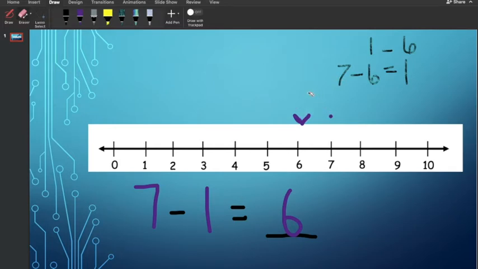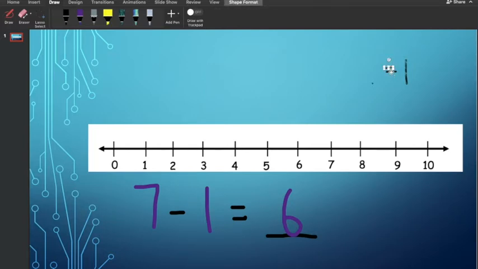So remember important things for subtracting on a number line. We count backwards when we subtract, right? And of course we start with our greatest number in our equation when we subtract. So we have enough to take away from. Okay.